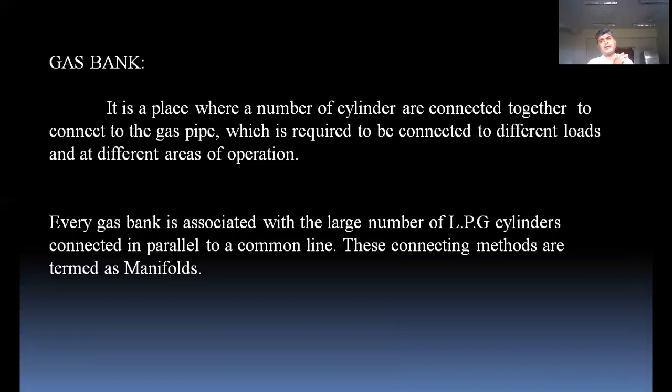When large-scale bulk cooking is to be done, then additional cylinders are needed. A gas bank is a place where a number of cylinders are connected together to connect to the gas pipe, which is connected to different loads in different areas of operation.